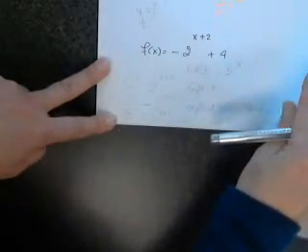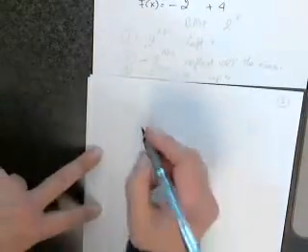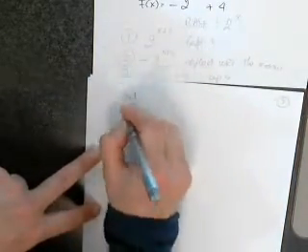Now, before we present the transformations, I'd like to do 2 things. I would like to find the x-intercept, because this is a one-to-one function. You cannot cross more than once.